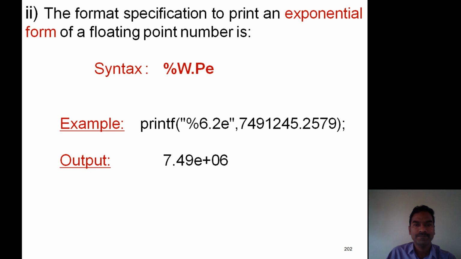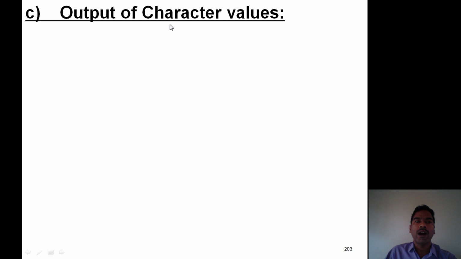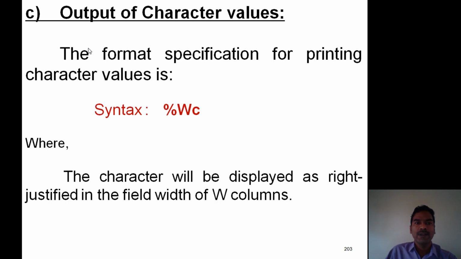Okay students. Now this one was output of real values. Then output of character values. The format specification for printing character values is %Wc. Here also W specifies the field width specifier.